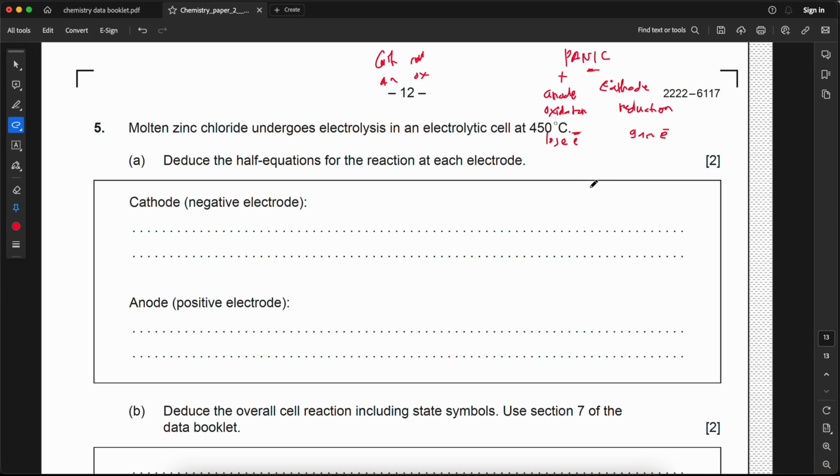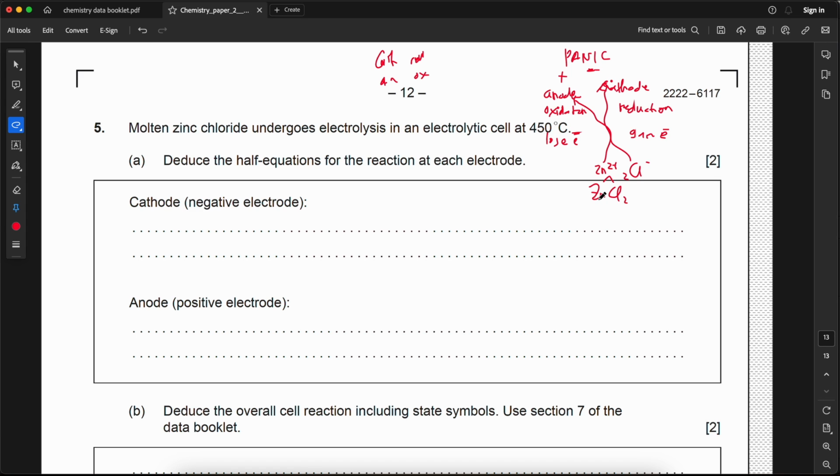So it's clear for you. So zinc chloride, ZnCl2, that would be Zn2+ and Cl minus. Okay, so Zn2+ will go to the negative, and Cl minus will go to the positive. Therefore, the negative electrode will be Zn.